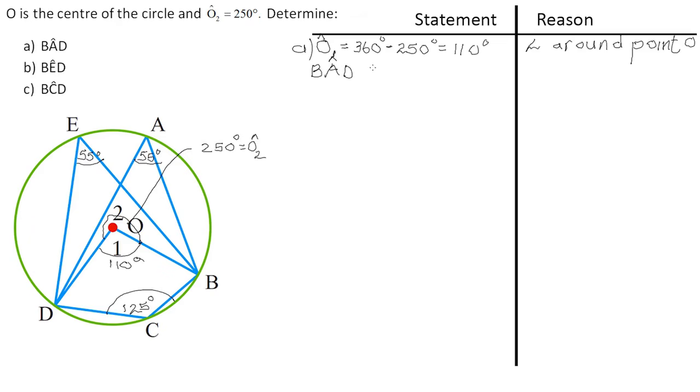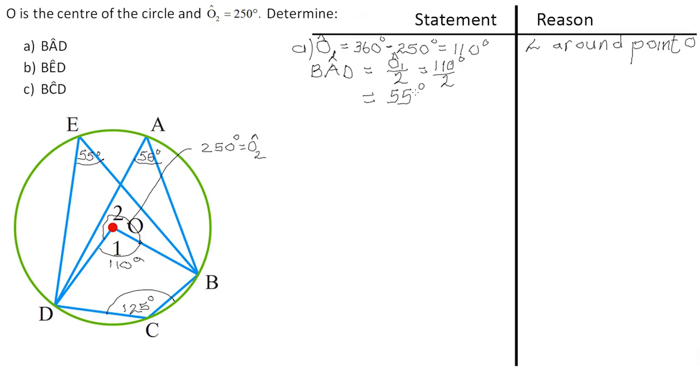BAD is equal to angle O1 over 2, which is equal to 110 over 2, and that is equal to 55 degrees.